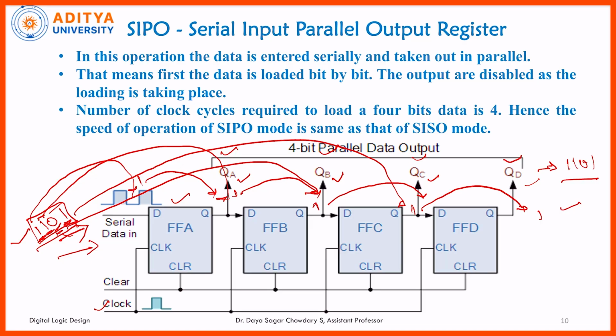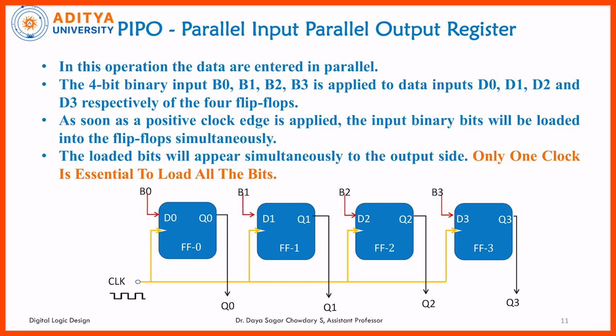So this is the other shift register. Now coming to PIPO, that is parallel input and parallel output. We have to give the input data parallelly. This is a 4-bit register, that means we are using 4 flip flops. The data is given parallelly, and at the same time we take the output at each and every stage.